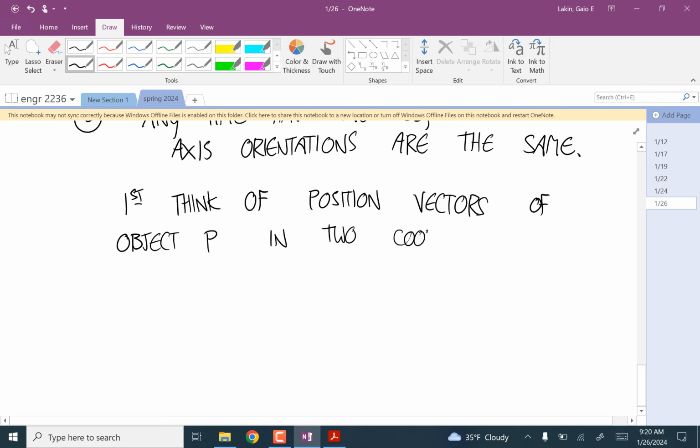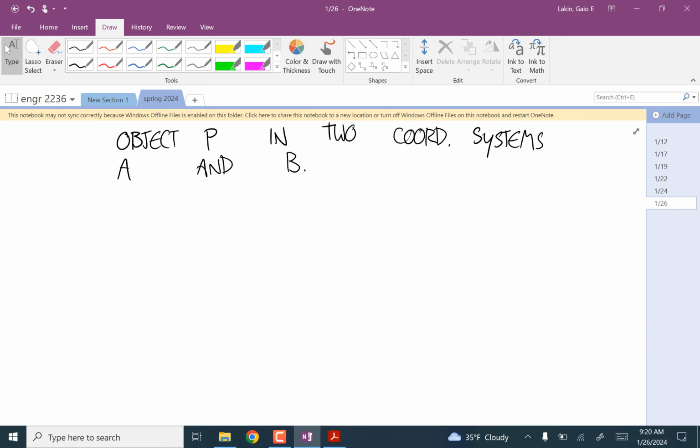In 2 coordinate systems, A and B. So here is the coordinate system A. Here is the coordinate system B. And remember that the orientations have to be the same. And then here is the object P.